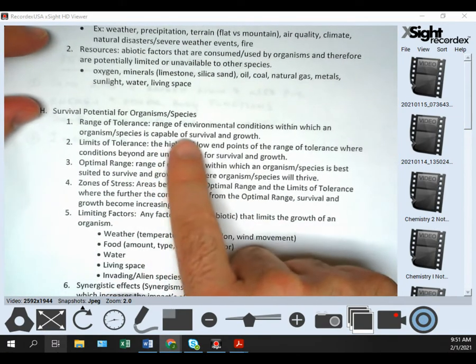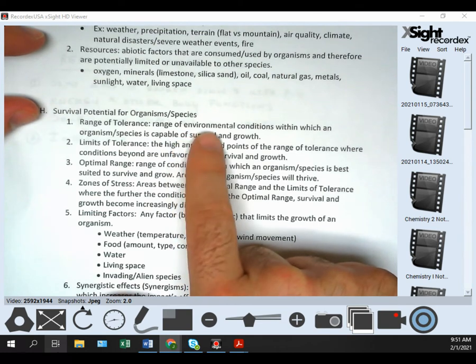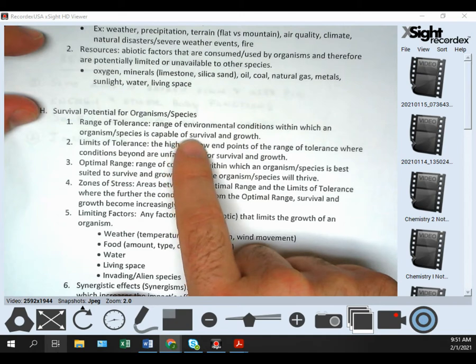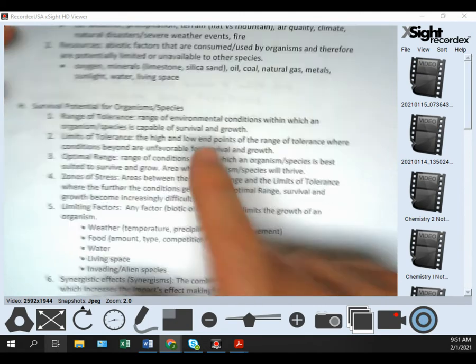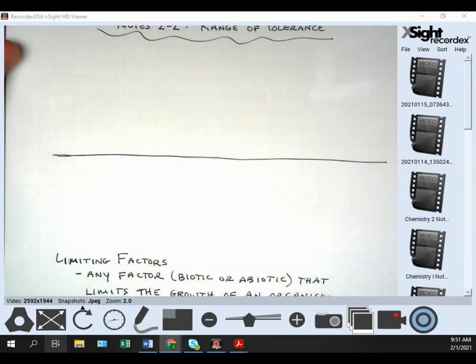A range of tolerance is a range of environmental conditions within which an organism or species is capable of survival and growth. So within this, you've got what's considered a range of tolerance.